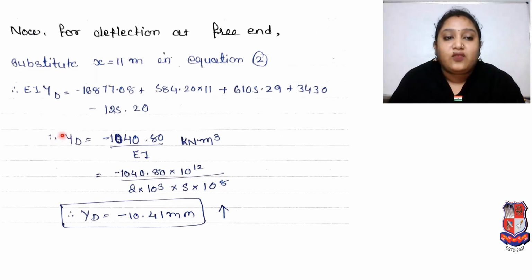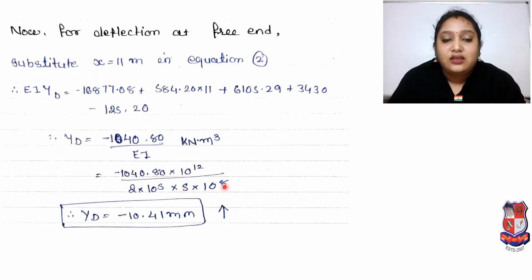So we will get YD is equal to minus 1040.80 divided by EI. So we have to put value of EI, so minus 1040.80 divided by value of E and I.